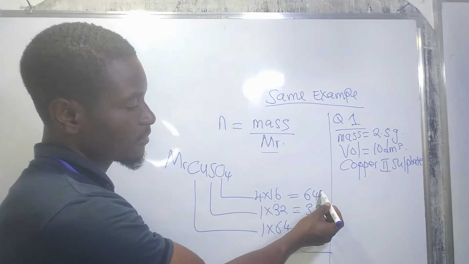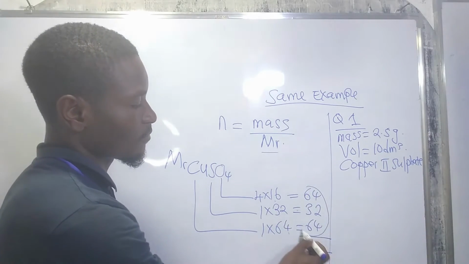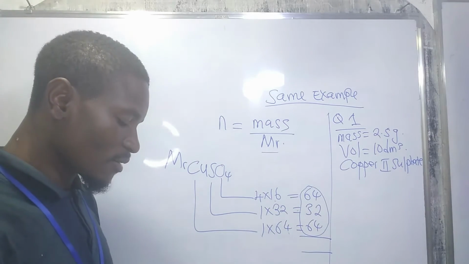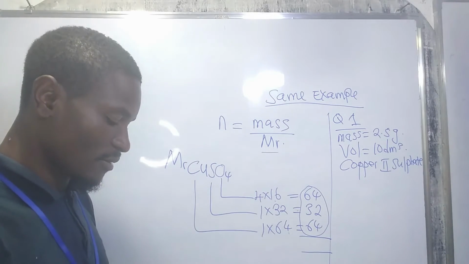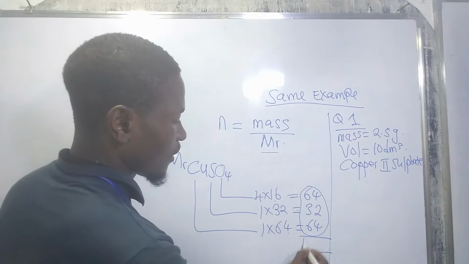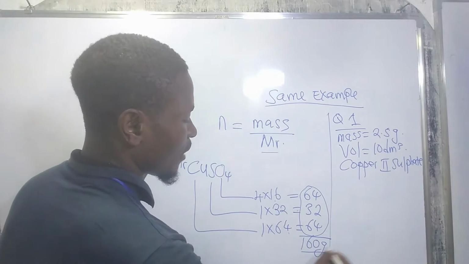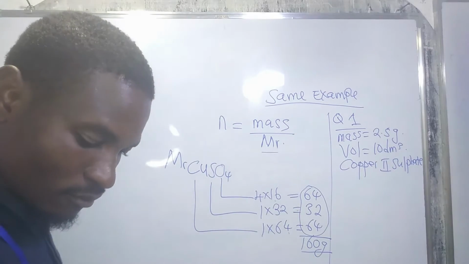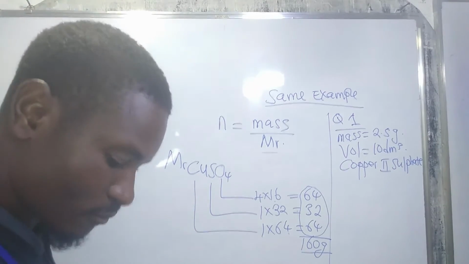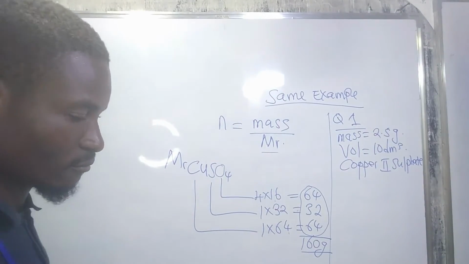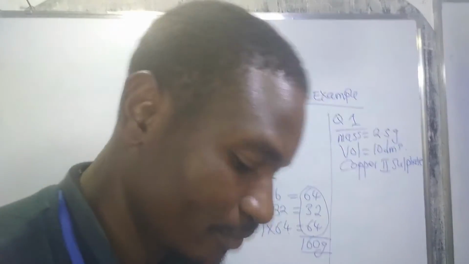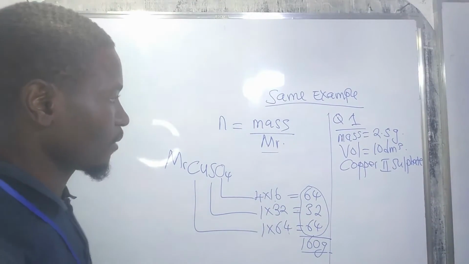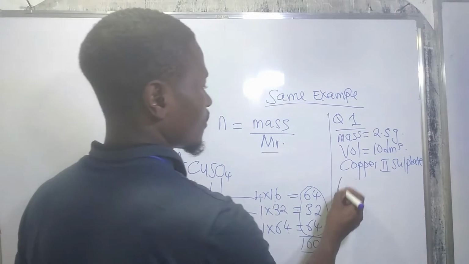And then now you can add them. 64 plus 32 plus 64, we have 160 grams. So after you add them, you get 160.